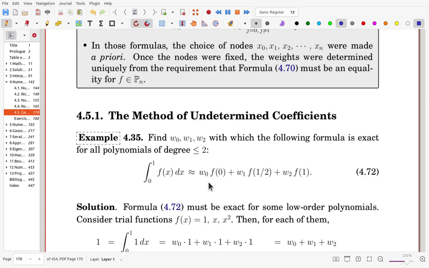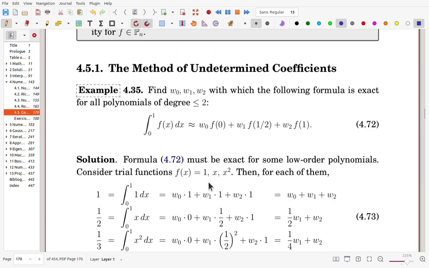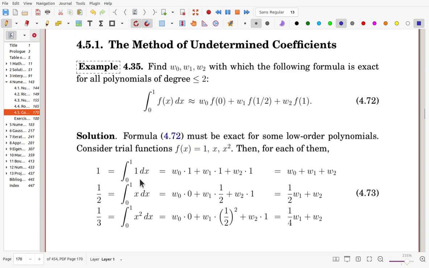So we may try to use trial functions f of x is 1, x, and x squared. Then for each of these trial functions, here the integral of 1, f is 1, then we know that the true value is 1 and the right side must be given in this way.